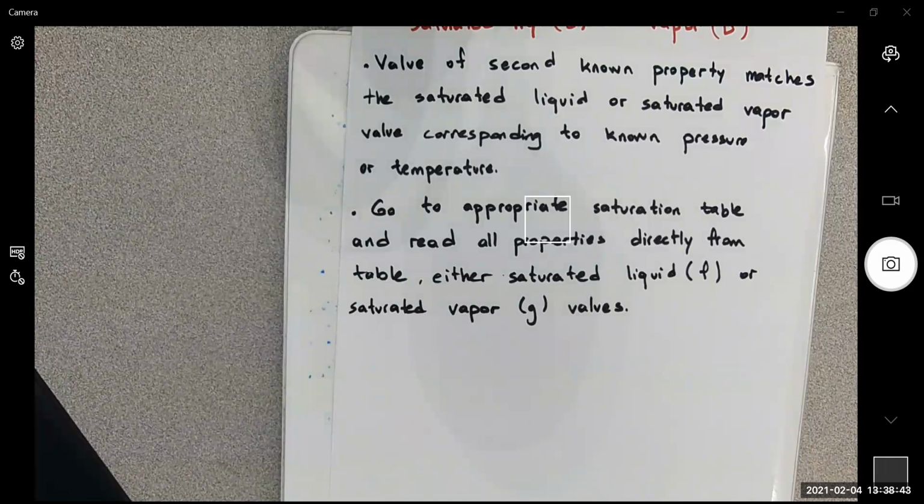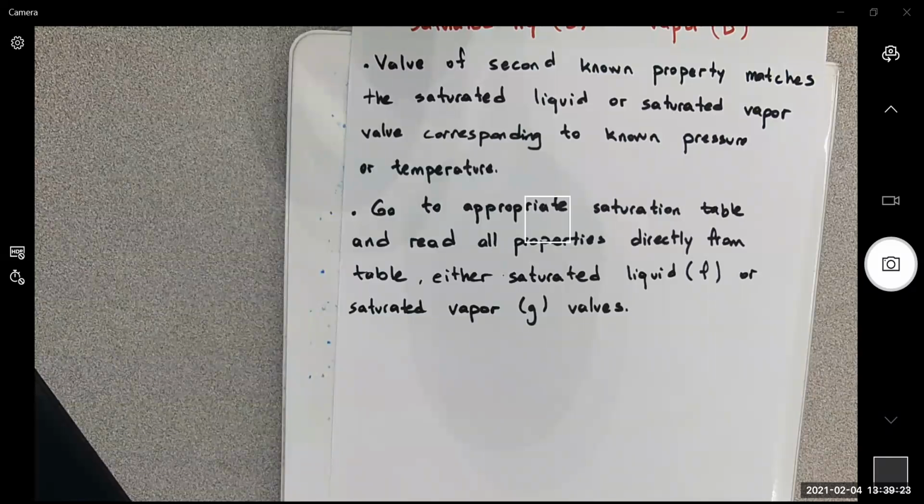You can use this one, or you can use these two together: the saturated liquid temperature table and the saturated vapor pressure table.